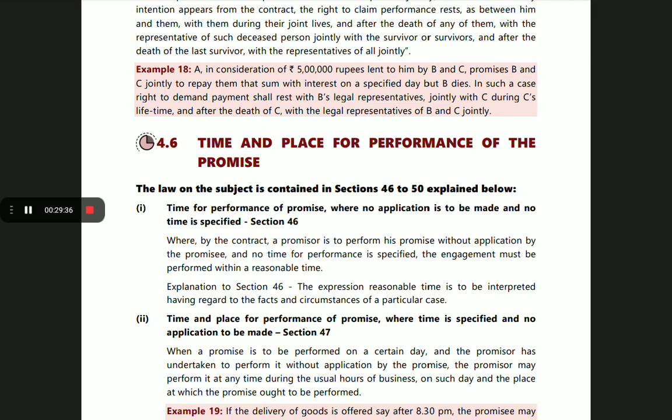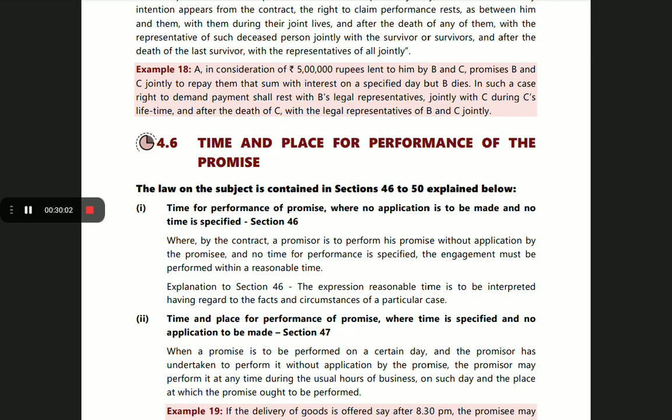Where by the contract a promisor is to perform his promise without application by the promisee, and no time for performance is specified, the engagement must be performed within a reasonable time.